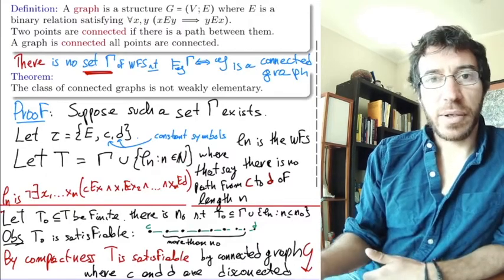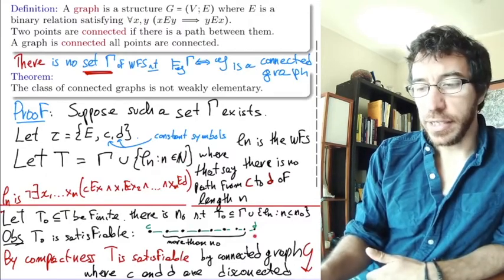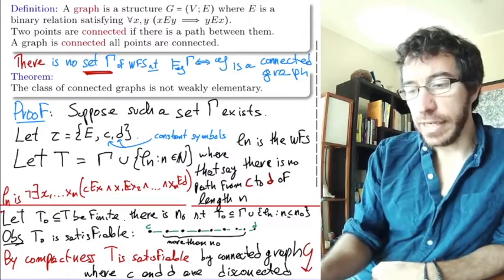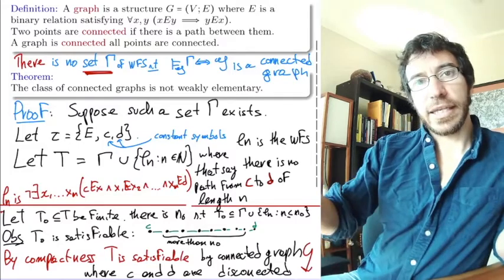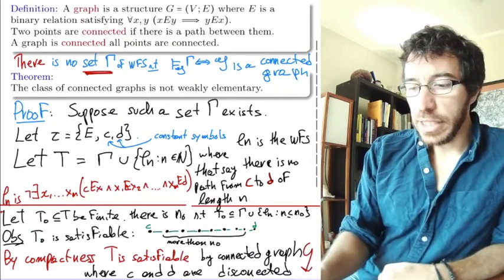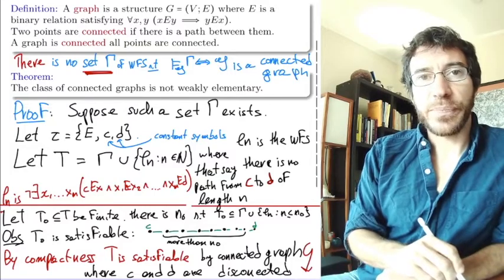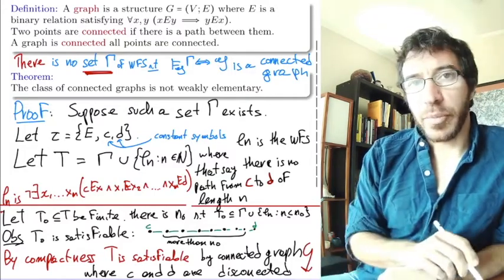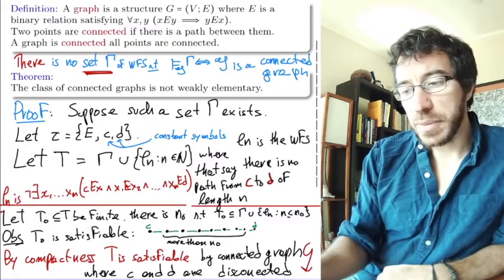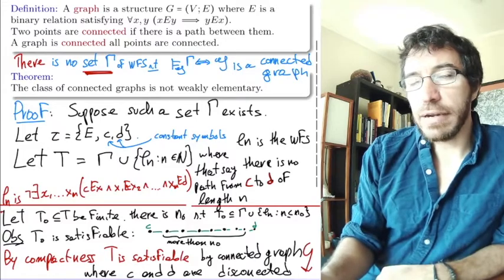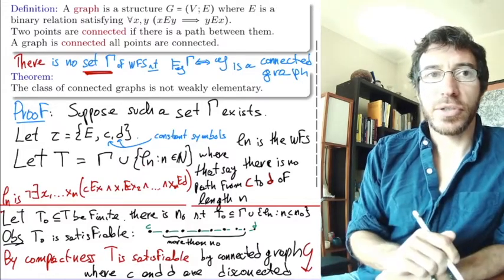And it's satisfiable by what? Well, I'll just take this model, a line graph. It's a graph where the connections are all in a line, and the C and the D are at the ends, and there is no path between C and D of length less than n0, but still there is a path, so it's a connected graph, and it satisfies there is no path less than n0. So every finite subset is satisfiable. So by compactness, you should get that everything is satisfiable, but that will lead to a contradiction.